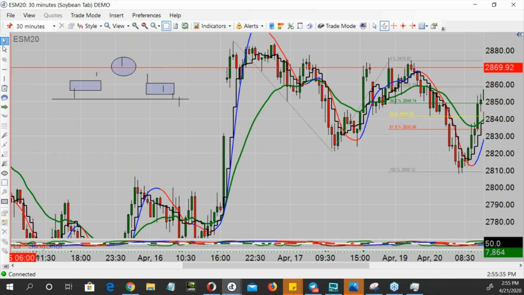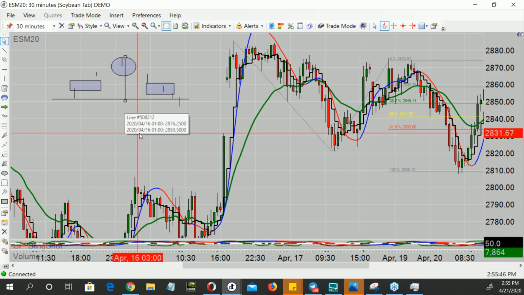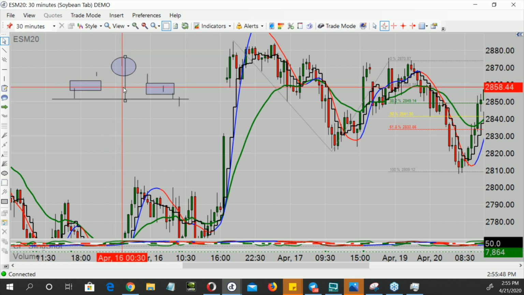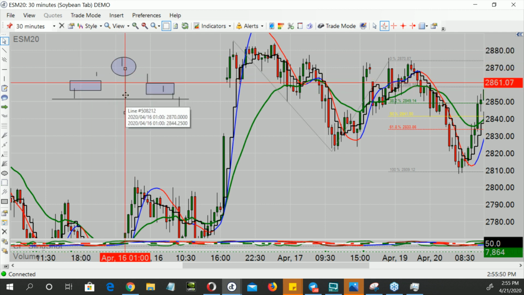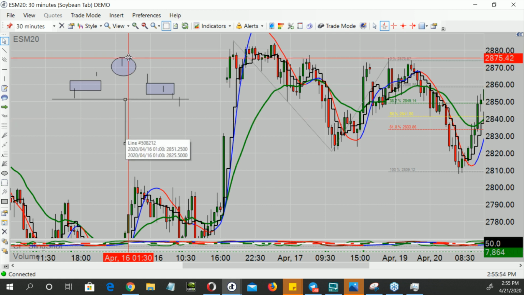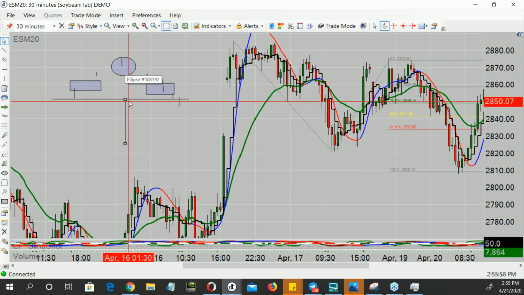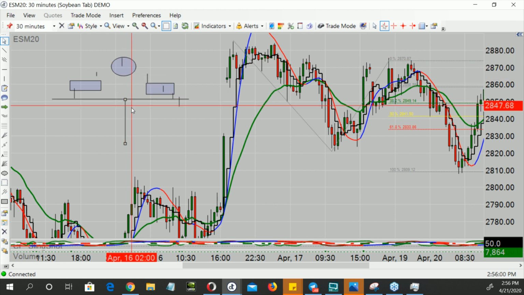Now, what's the measured move? Well, from the top of the head to the neckline, you take that and you drag it down so that the head is now at the neckline price.